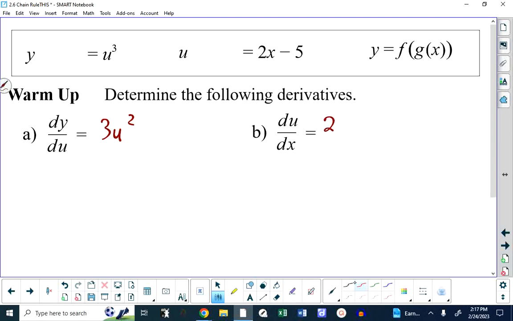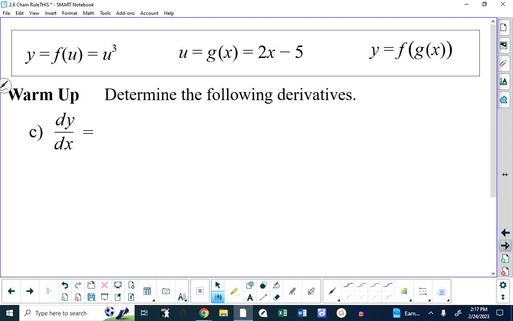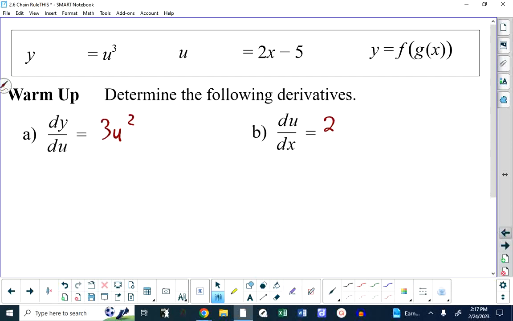All right. Now, what is dy dx? Well, now we have to look at a function. Let me go back here. When we wanted dy du, we looked at the function that contained a y and a u. When we want to find du dx, we look at the function that has u equals in terms of x.